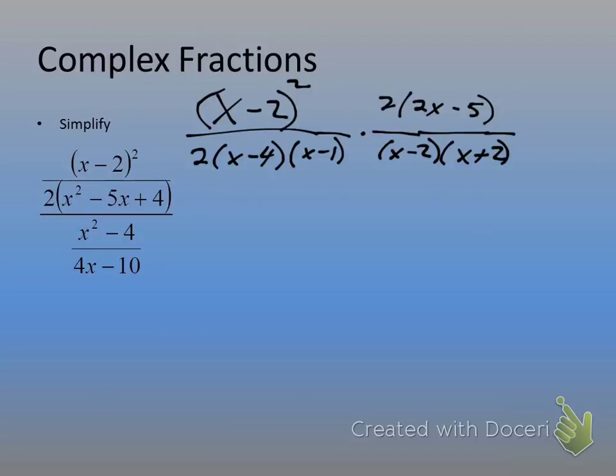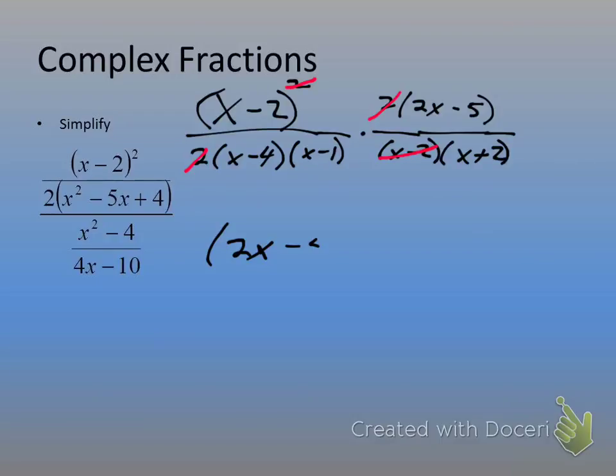So now you look at everything top and bottom, you cancel out what you can. So you have an x minus 2 on the bottom, that cancels out the second one here. You also have 2's that cancel out there and there. And that's all you can cancel out. So sometimes you can cancel out a lot, sometimes you can't. So it's just variations to the problem.